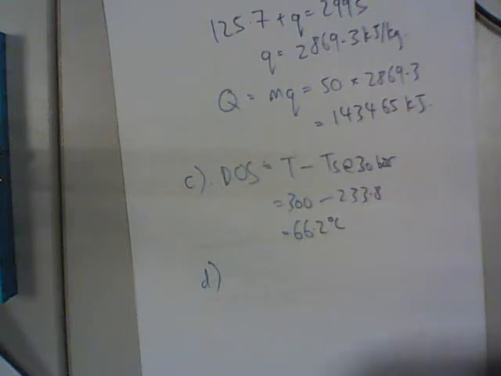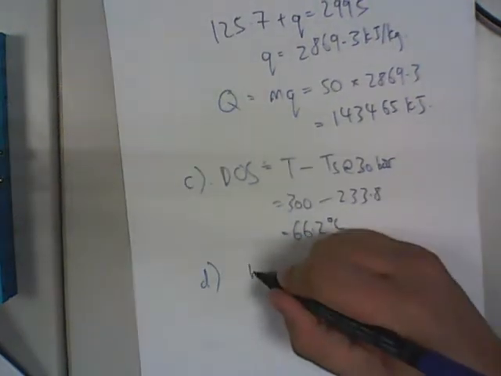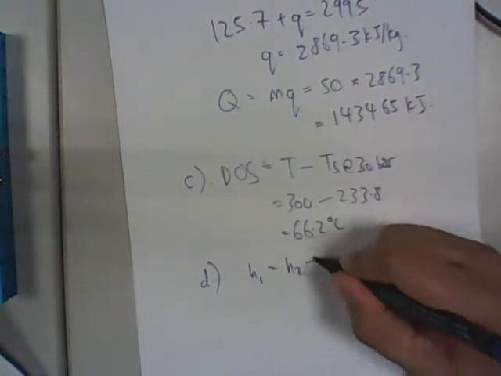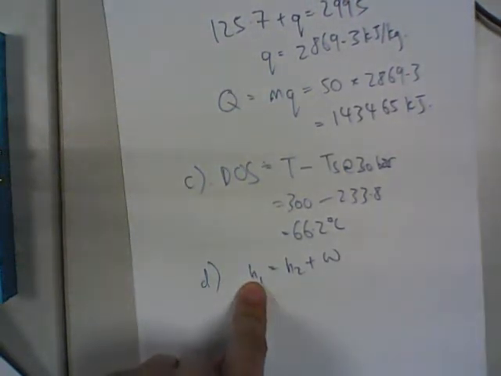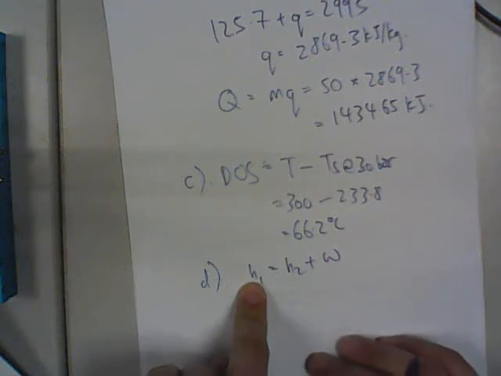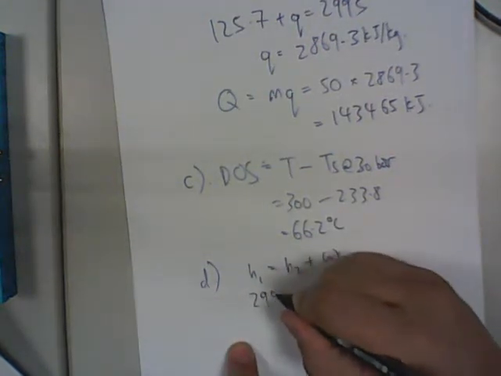Your equation will be the one for a turbine, H1 equals H2 plus W. H1 equals H2 plus W, and H1 is the inlet of the turbine, which is the same as the outlet of the boiler. Okay, which we gathered just now is actually 2995.